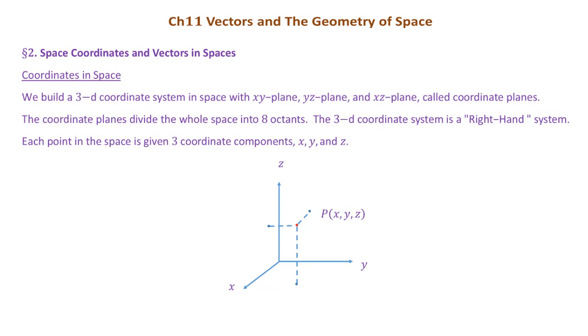The important thing is the three-dimensional coordinate system is a right-handed system. That means when you draw the x, y, and z axes, they follow the right-hand rule.